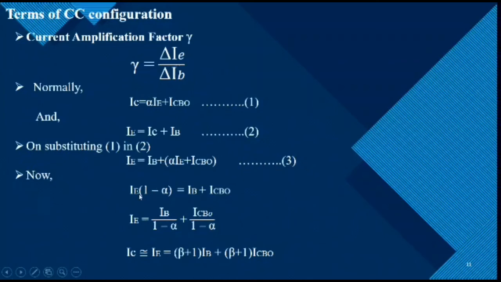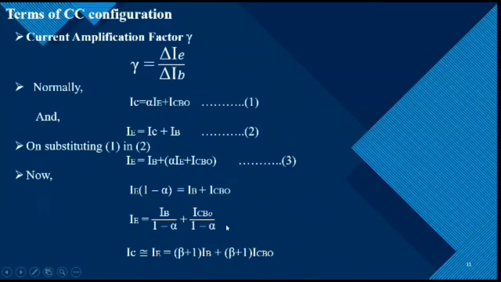Now get the terms of emitter current on one side, that is IE into 1 minus alpha is equal to IB plus ICBO. By sending this 1 minus alpha to the other side, we can write the emitter current as IB divided by 1 minus alpha plus ICBO divided by 1 minus alpha. So finally we can write it as IE is equal to (beta plus 1) IB plus (beta plus 1) ICBO.